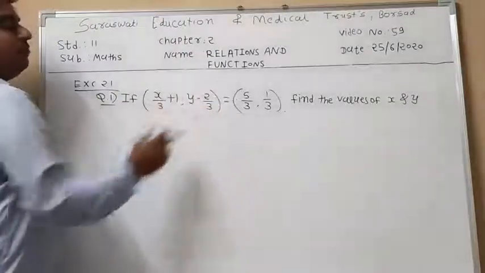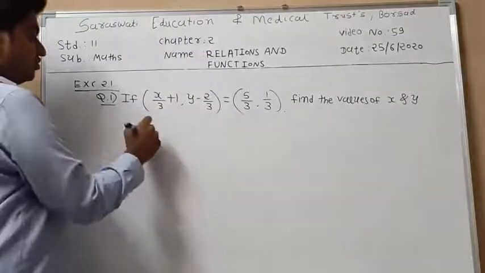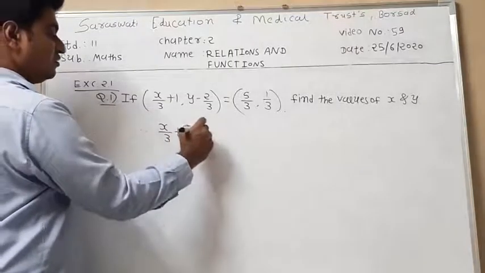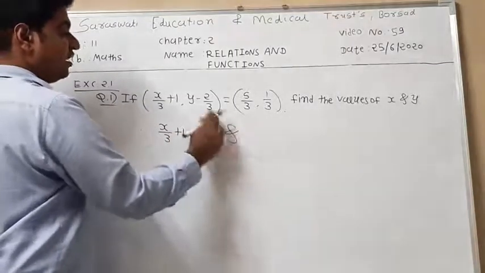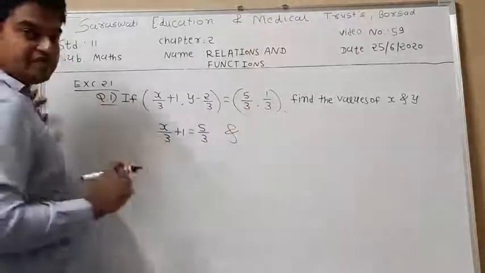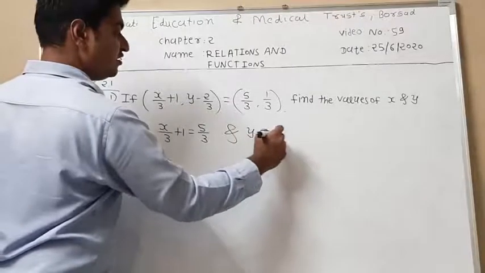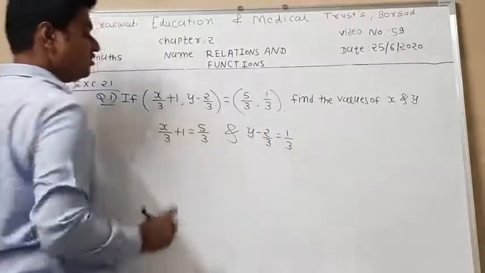After comparing both these terms, x/3 + 1 is equal to 5/3, and the second term compared with the second: y - 2/3 is equal to 1/3.